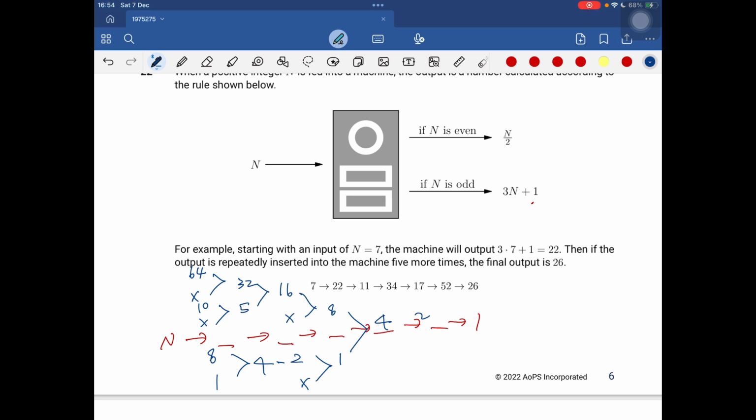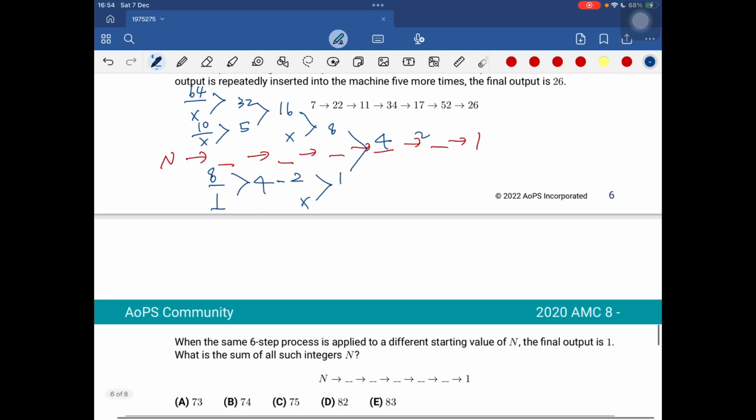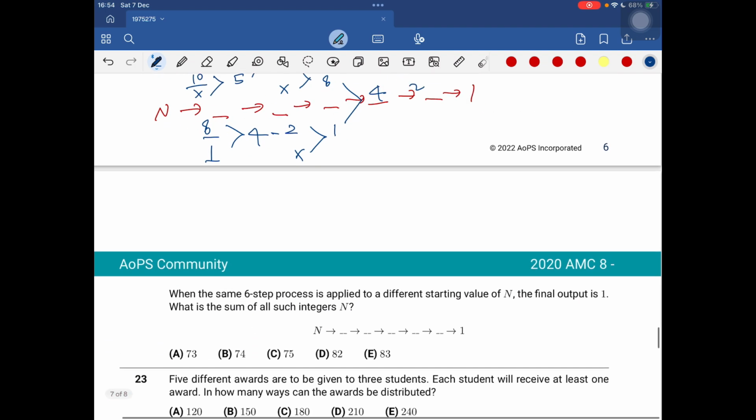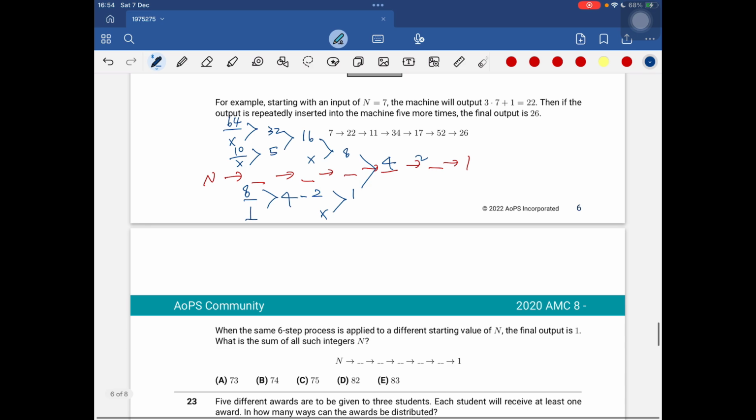So now we have the case of n, 64 or 10 or 8 or 1. So we have 4 different cases. Sum. So 74 plus 9, which is 83.